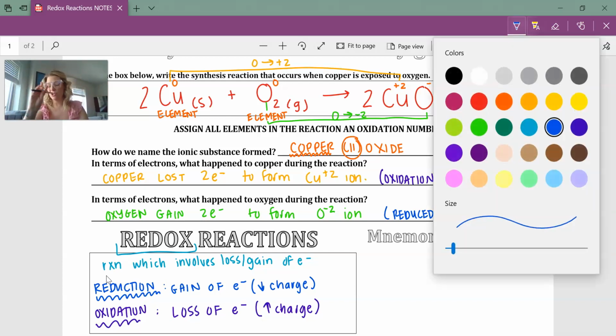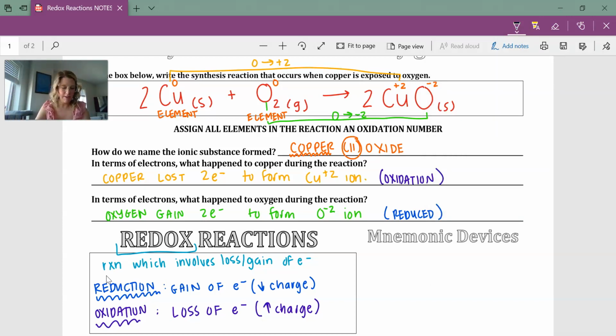But, you know, there are 2 great mnemonic devices that we can use here to help us remember redox reactions. The first is going to be OIL RIG, okay? And the mnemonic device stands for oxidation is loss and reduction is gain, okay? So OIL RIG: oxidation is a loss of electrons, reduction is a gain of electrons. And the second one is LEO says GER, like a lion.